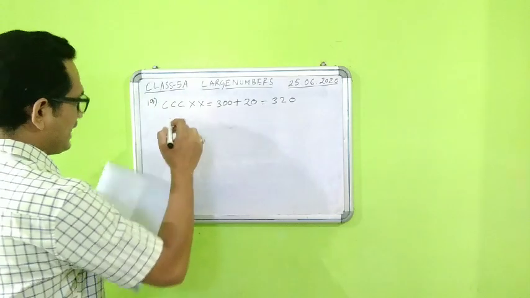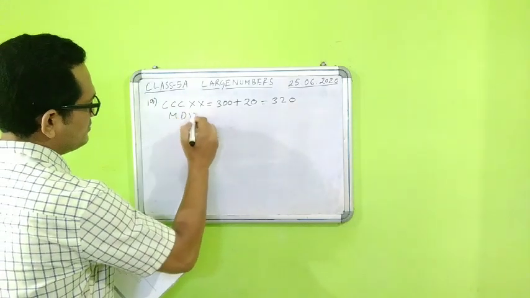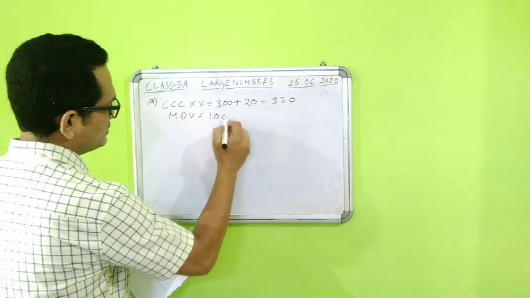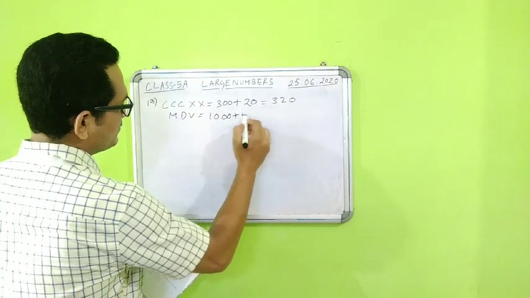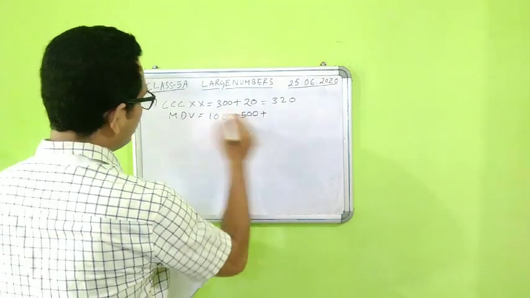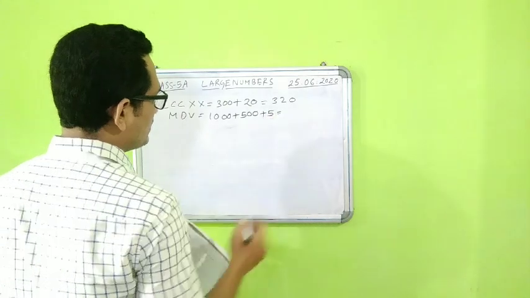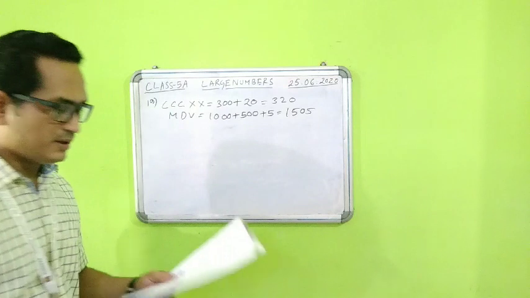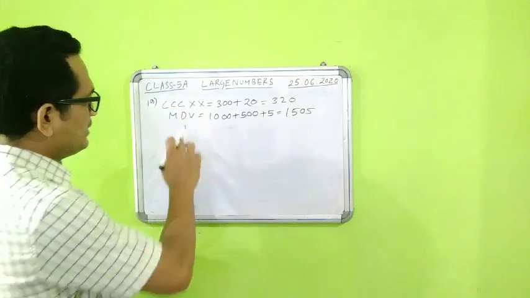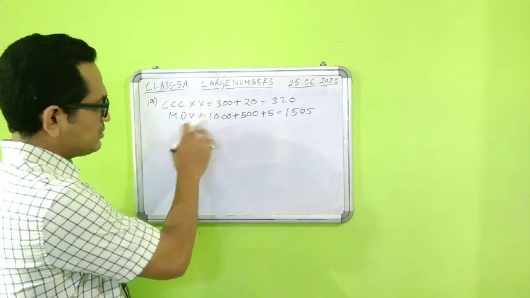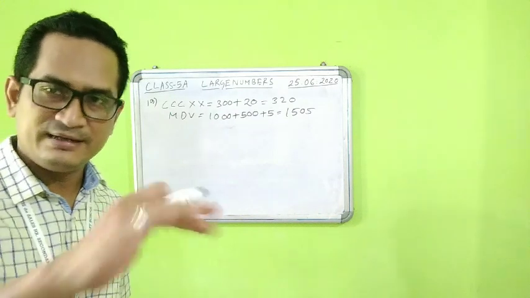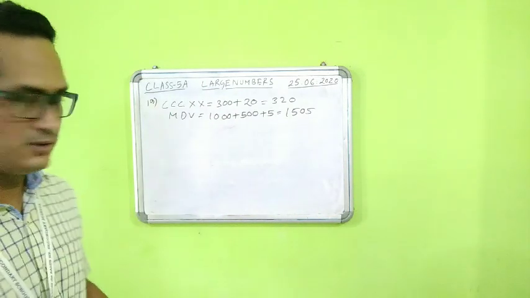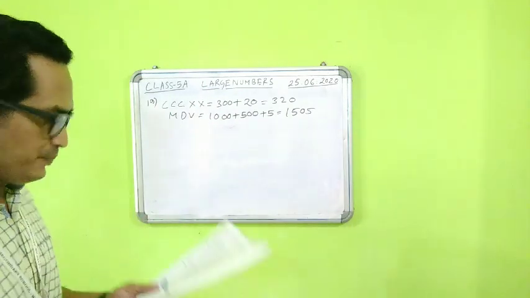The second number is given: MDV. M stands for 1000, D stands for 500, and V stands for 5. So the answer will be 1505, because here you can see that all the smaller numbers are on the right hand side of the larger one. So every number you have to add. So that will be 1505.